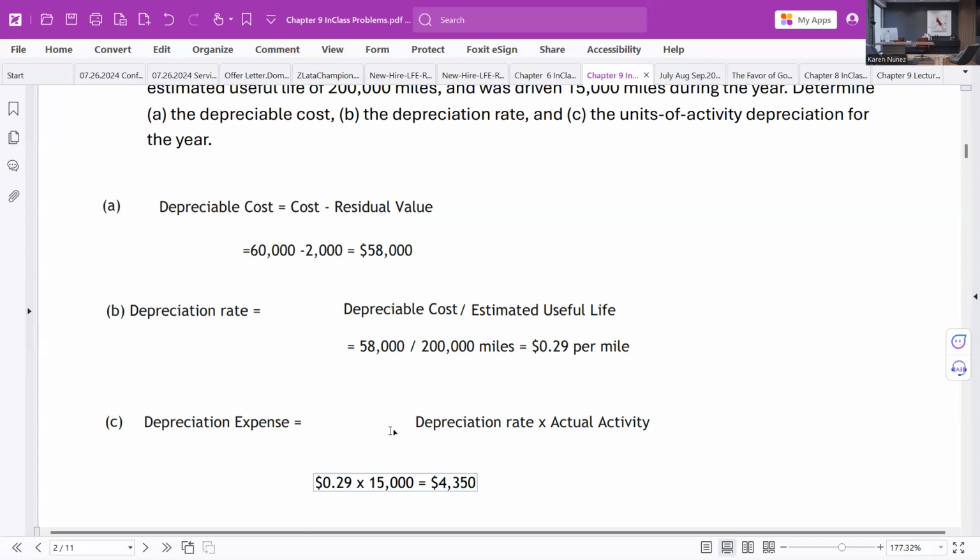That's our units of activity method depreciation expense for this first year. It's a two-step process: find the depreciation rate, in this case 29 cents, and use that rate times the actual activity.